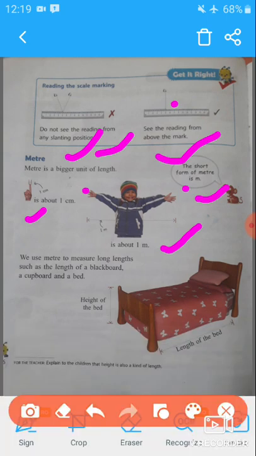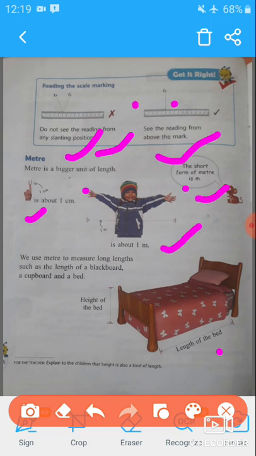We use meter to measure long length such as the length of a blackboard, a cupboard and a bed. So students, if you have to measure the length of your bed, blackboard or cupboard, which measurement do you use? Do you use your centimeter scale?